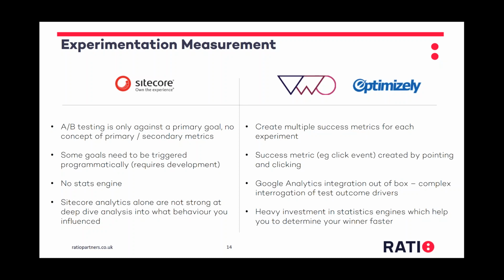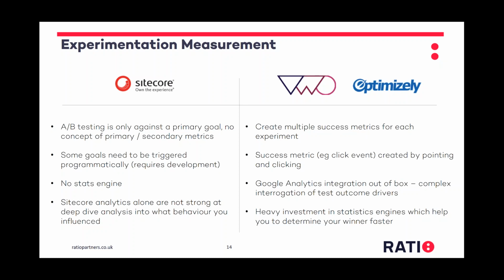What I might want to understand is, what did the users do if they didn't click my button? For example, did they go elsewhere on the page and open a tab of information that I might not have expected? Or in other words, what behaviors were influenced, whether the test won or not, that can help us learn and, again, iterate in the future.